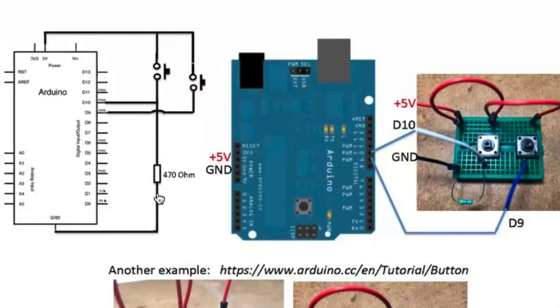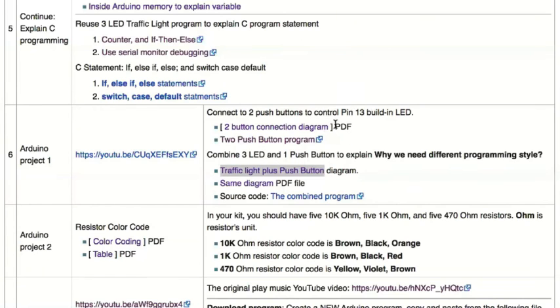And this 470 is here and connecting to the button. So we're connecting the button. Remember, these two are the connection points. The other side, we connect to positive, so we jump it back to the positive. This is the connection diagram, and this is the program.